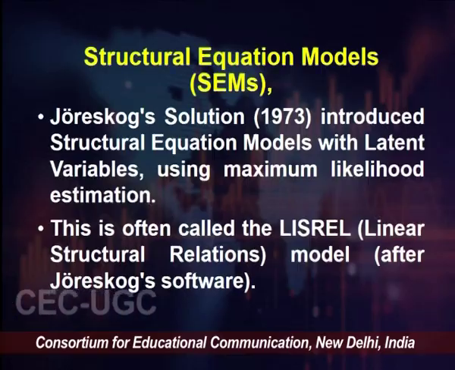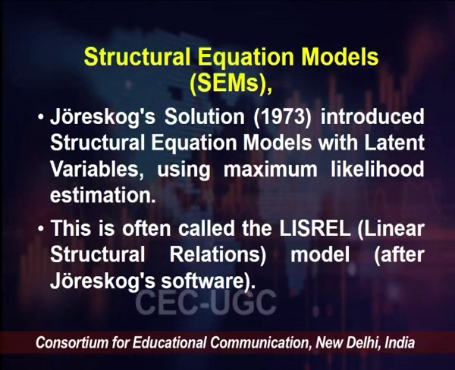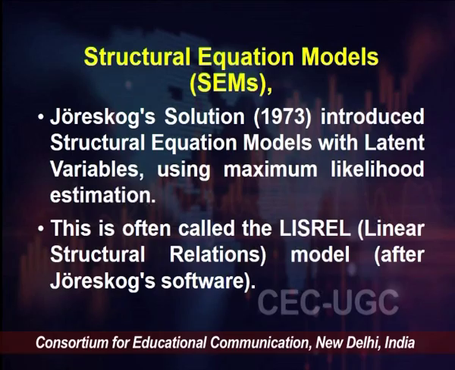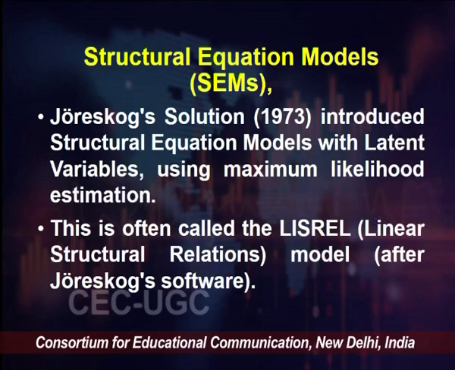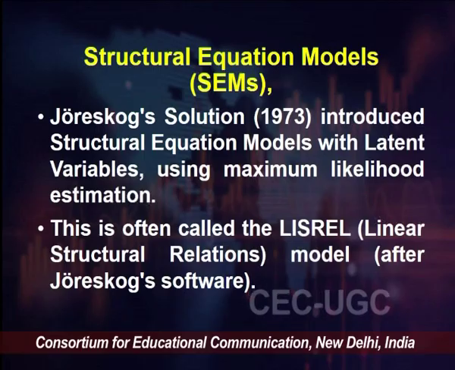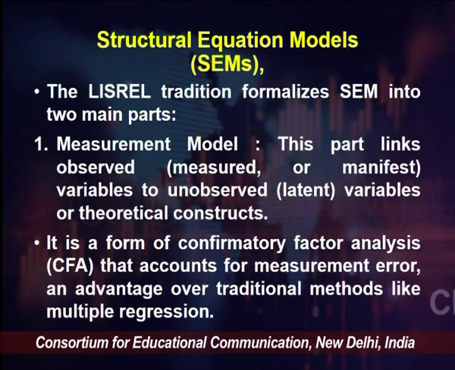Joreskog's solution in 1973 introduced the structural equation model with latent variables using maximum likelihood estimation. This is often called LISREL, that is, the linear structural relation model, and it is named after Joreskog's software.